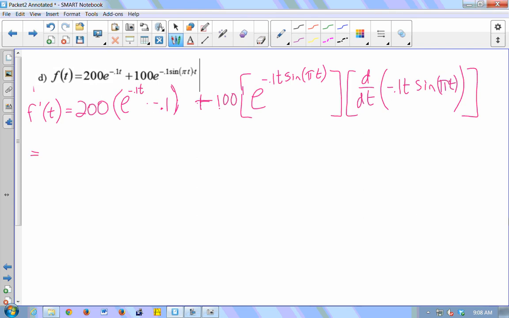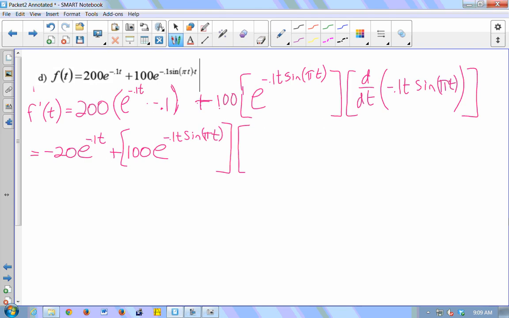So this first term I can simplify by multiplying the 200 times the negative 0.1. So I get negative 20 e to the negative 0.1 t. And then over here, I have 100 e to the negative 0.1 t sine pi t.